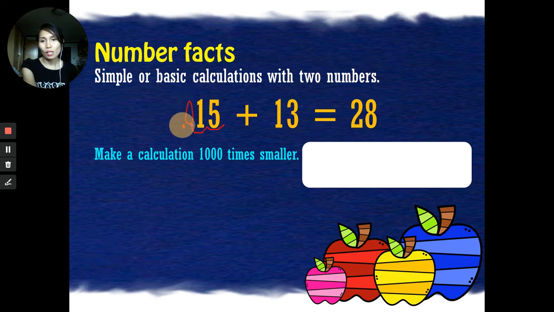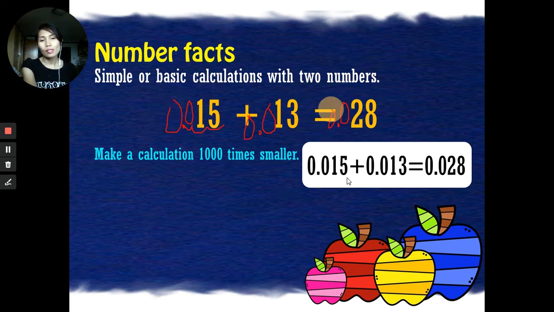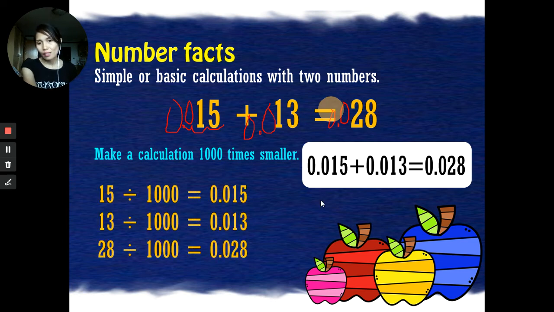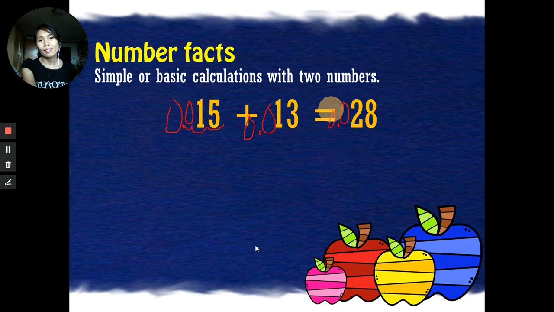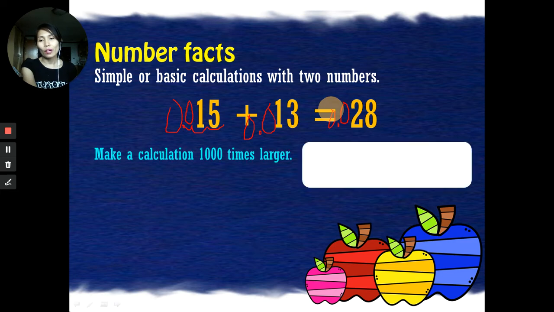See? 1, 2, 3. 1, 2, 3. 1, 2, 3. Then put the decimal point, and the 0. Let's see. 15 thousandths plus 13 thousandths equals 28 thousandths. Easy, right? Okay, last one.